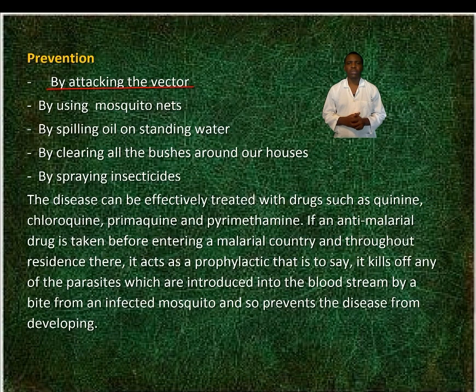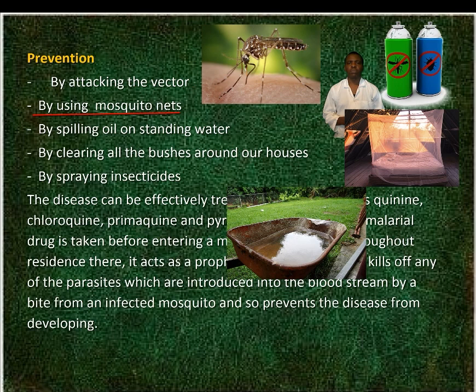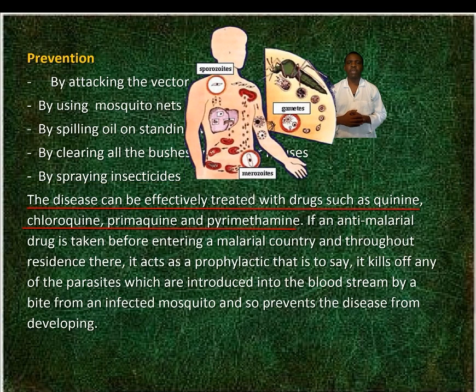Prevention: by attacking the vector, by using mosquito nets, by spilling oil on standing water, by clearing all the bushes around our houses, by spraying insecticides. The disease can be effectively treated with drugs such as quinine and chloroquine.